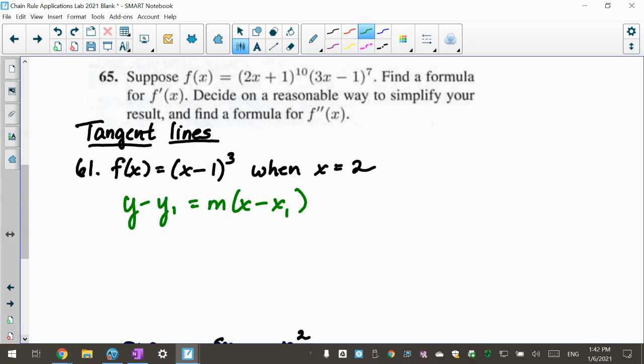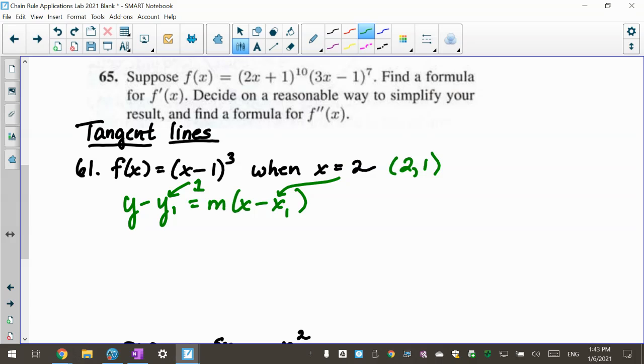And I know x is 2, so I know that the 2 is going to go here, but I have to find out, okay, what is the y going to be? So when I plug a 2 in there, I already kind of told you what it is. 2 minus 1 cubed is 1 cubed, so it's the point 2,1. So the 1's going to go here. So I already know the point that it's going to go through right there.